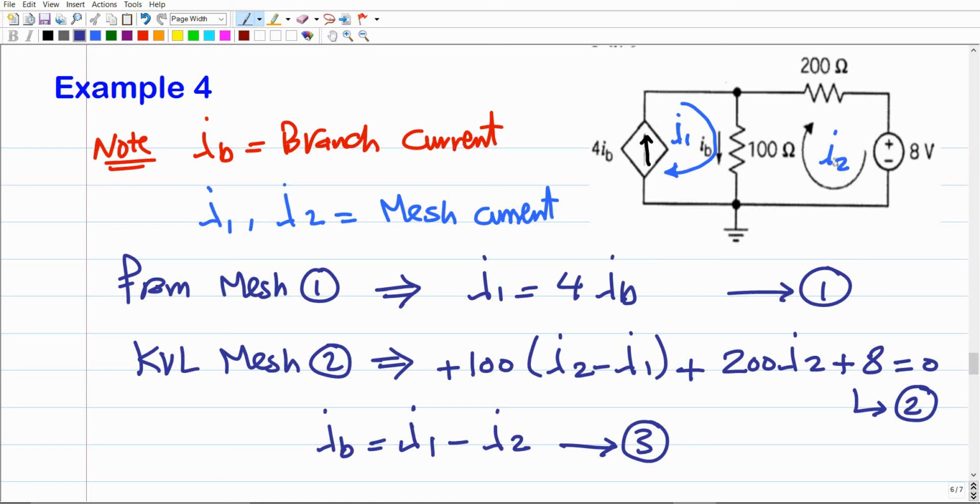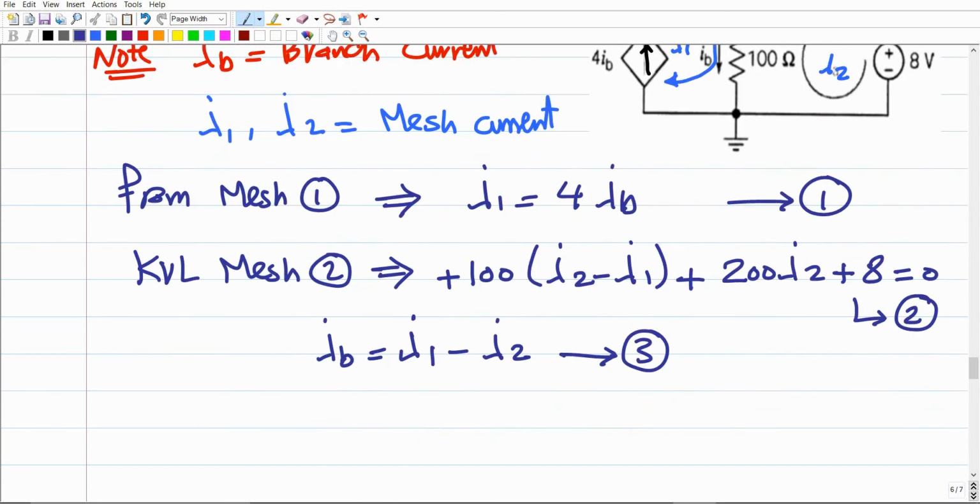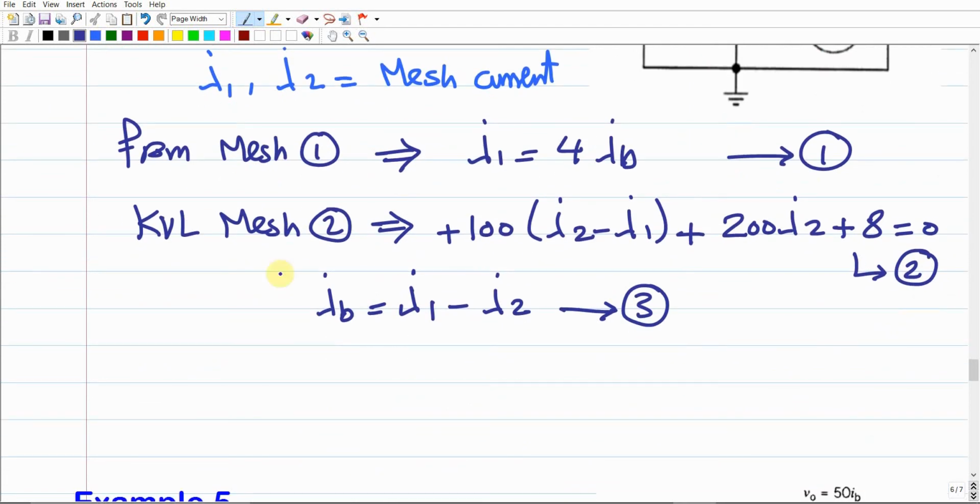So you're gonna apply the method as it is in the beginning. Assume that this current IB is like given. But in fact, it is not given, so you need an extra equation. You can figure out this extra equation from the information that provided. For example, like IB, it should be the current over this branch, over the 100. And your objective is just to find IB in terms of the mesh currents that you defined or you assumed in the beginning. So solving these three equations, we're gonna end up with I1.